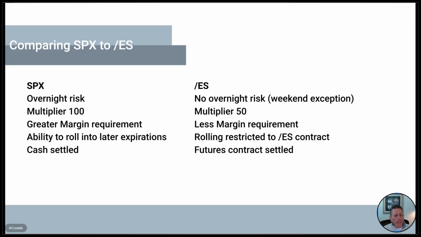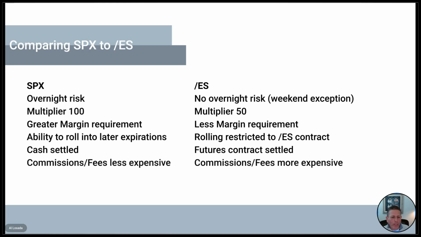The commissions on the ES contract are actually higher. But when we look at it in a few minutes, you'll see that it really is a better way to trade than SPX.